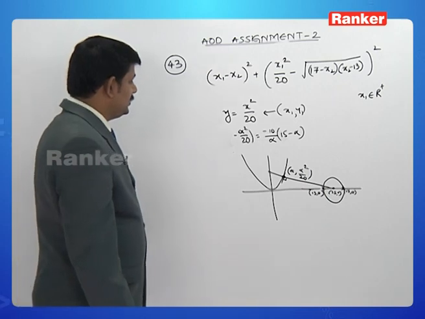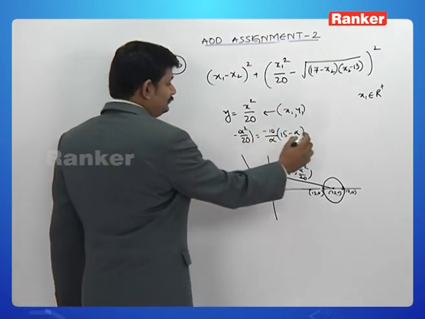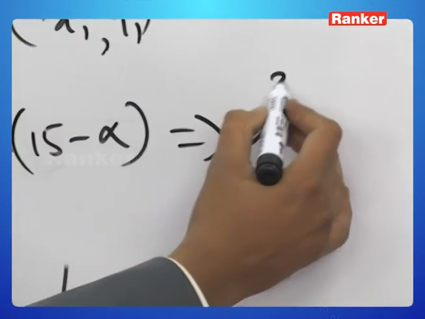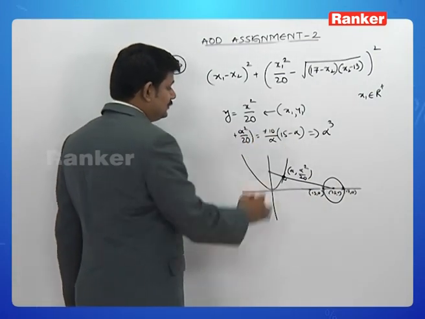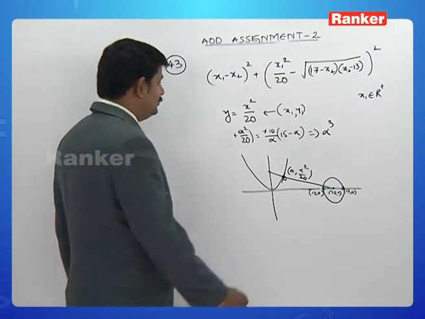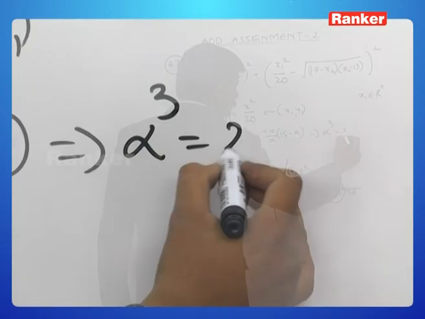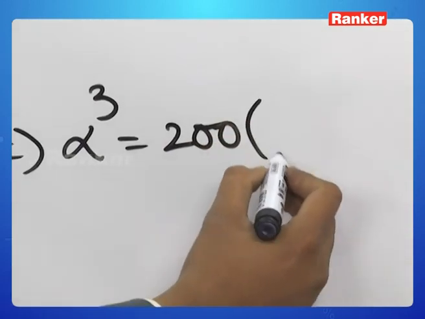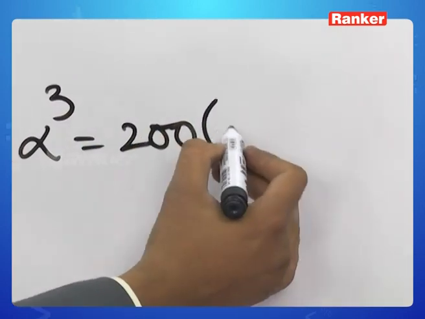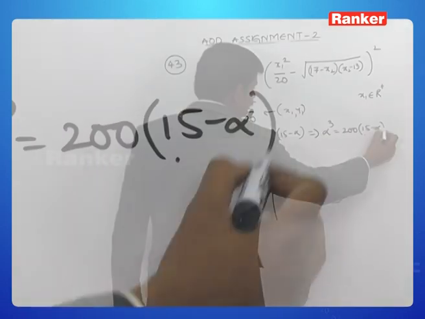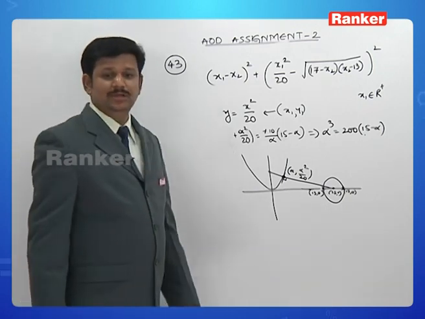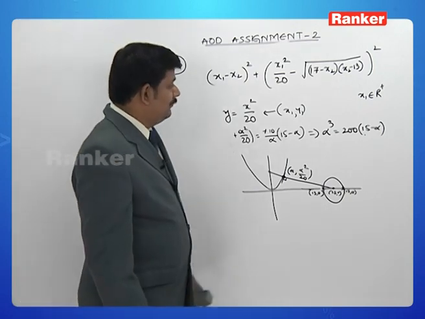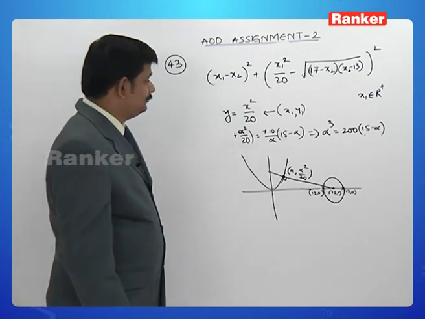Now, look at the equation. We have alpha cube. Cancel the minus sign on both sides: alpha cube is equal to 200 into 15 minus alpha. So, we need to find a root for this equation.